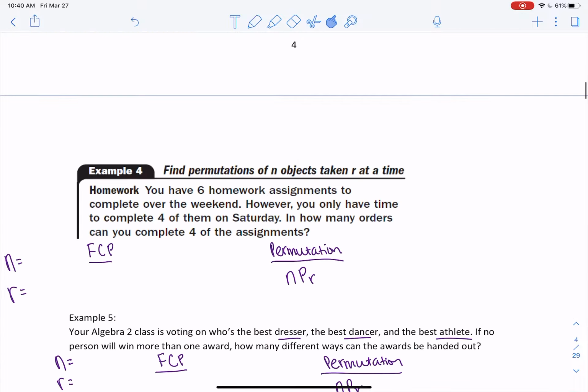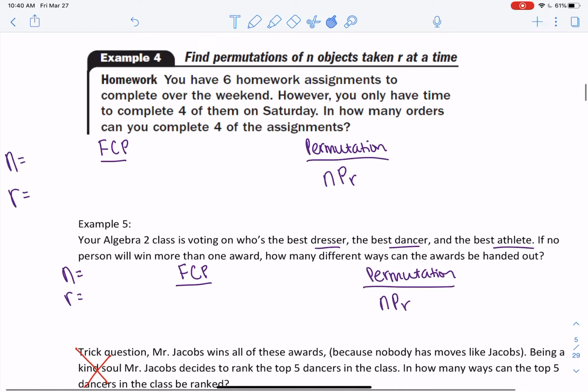Okay, let's go to the next one. Example 4, we're going to find permutations of n objects taken r at a time. You have 6 homework assignments to complete over the weekend. However, you only have time to complete 4 of them on Saturday. In how many orders can you complete 4 of the assignments? There's really 2 ways we can think about this. We could think about it with the fundamental counting principle or as a permutation.